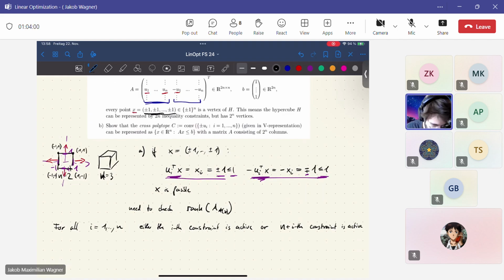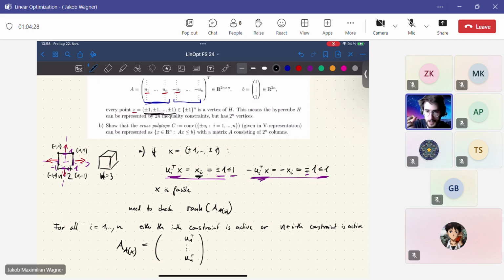And so all in all, we get that the matrix of the active indices at our point x, there we have all of the different unit vectors. So we have u_1 transpose through u_n transpose. And we have always either plus or minus this unit vector. And what determines whether we have plus or minus is what sign this entry of x has.